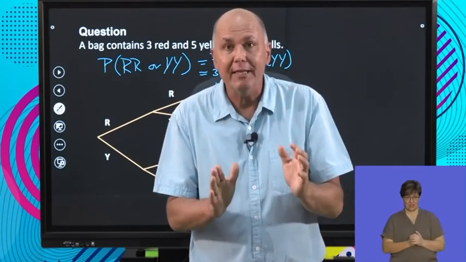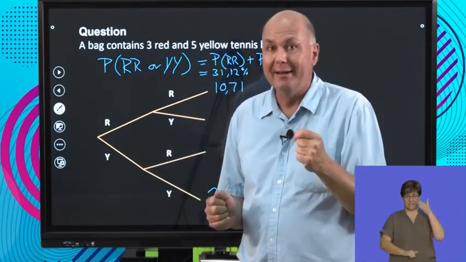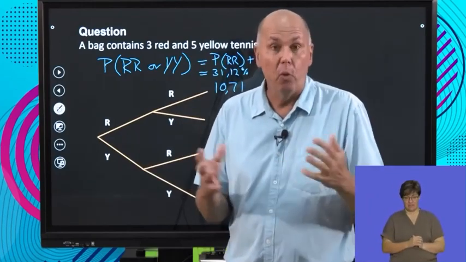But this is the power of the complementary rule. Guys, if we use the complementary rule, we can subtract that number from 1. And so that is what we're going to do.